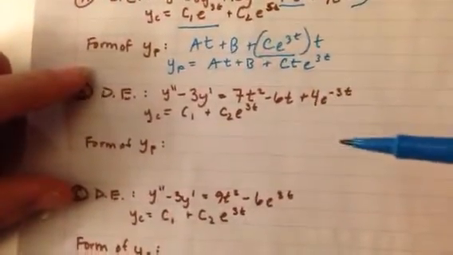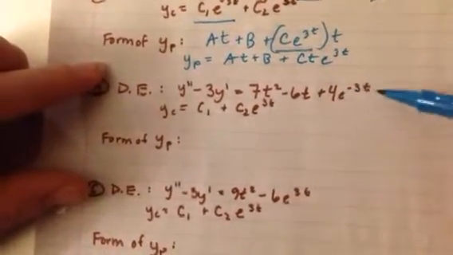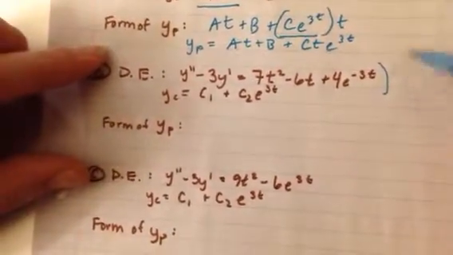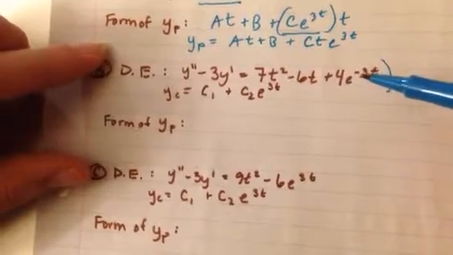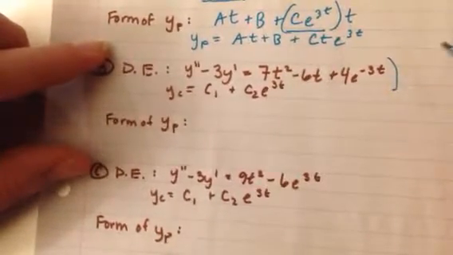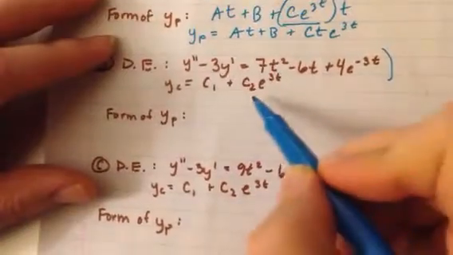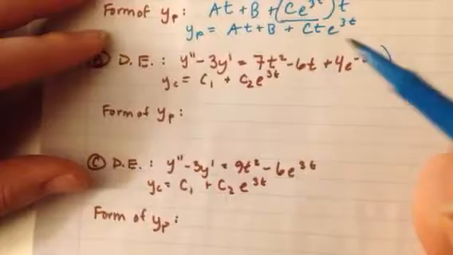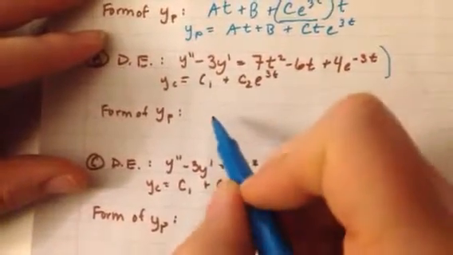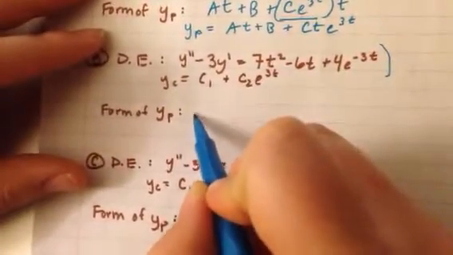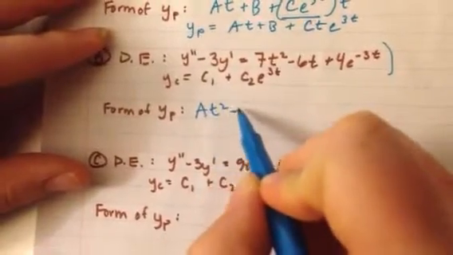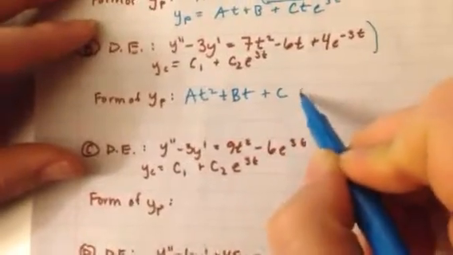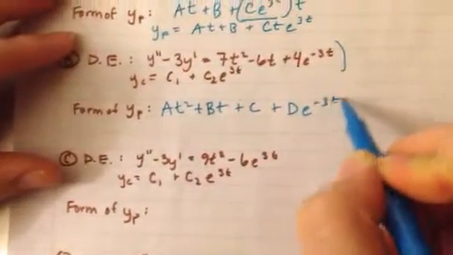So if we look at the next one, our new g of t is going to be 7t squared minus 6t plus 4, plus 4 times e raised to the negative 3t. And with our yc listed for us, it's awesome. They did the hard stuff for us right here. So originally we're going to get at squared plus bt plus c plus d e to the negative 3t.